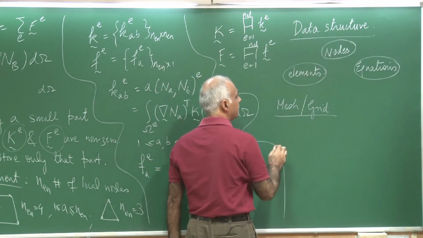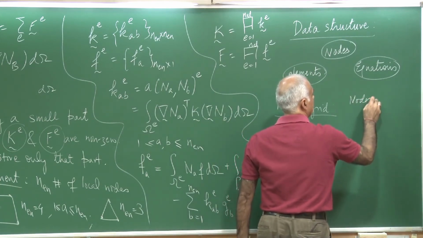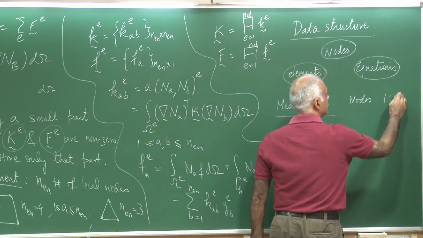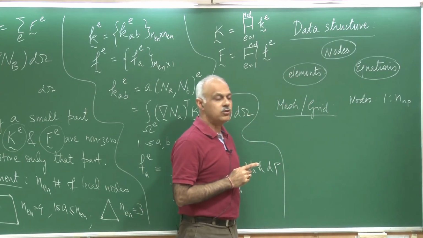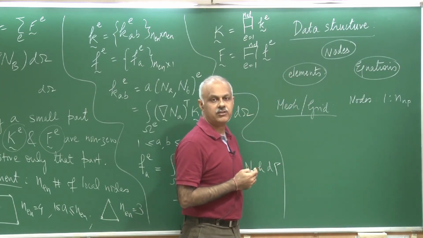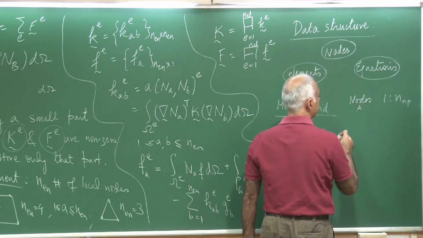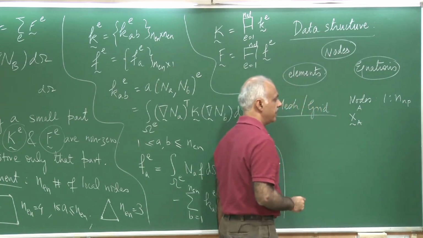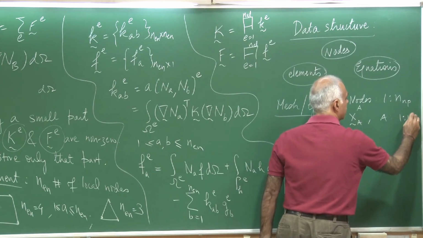I have a set of arrays, nodes, going from 1 through NNP, and for each node I must know the location of that node. That means if the index is A, then I am talking about x_A, and A goes from 1 to NNP.